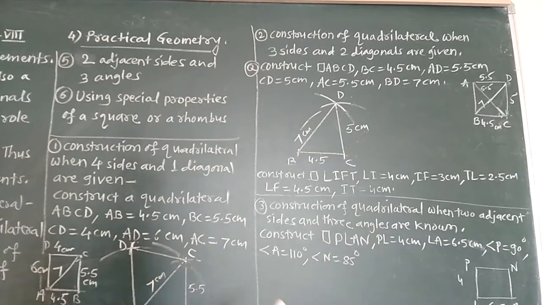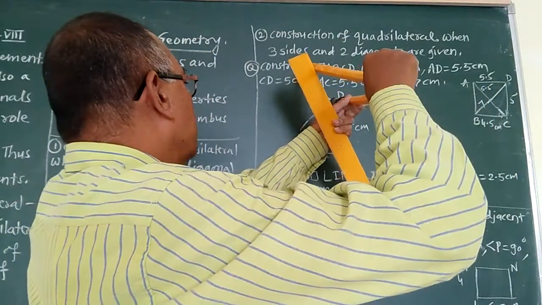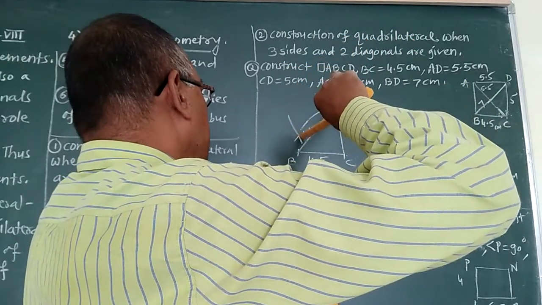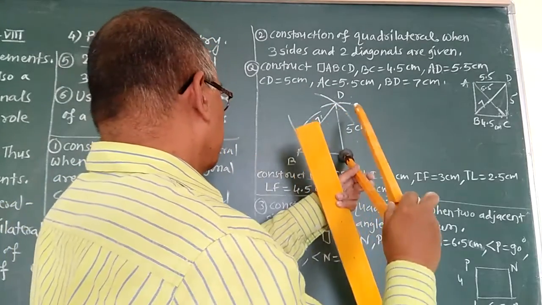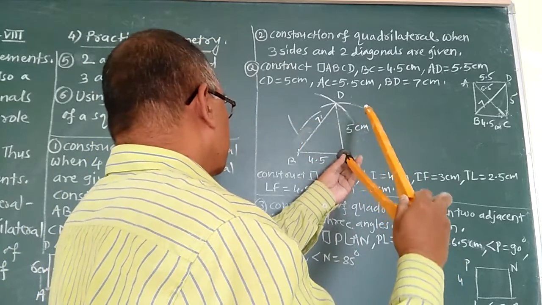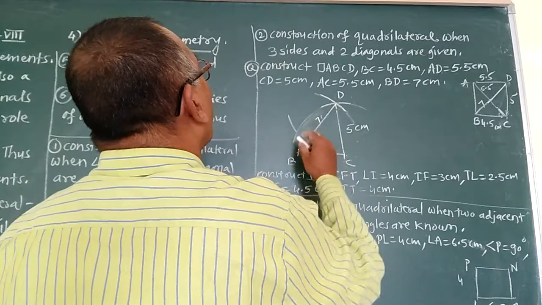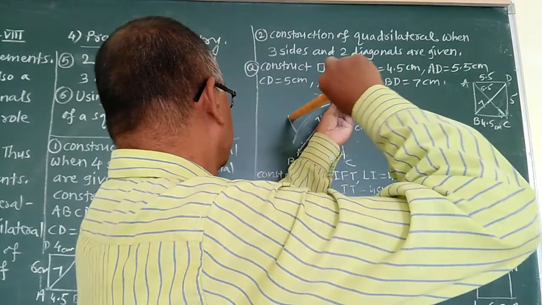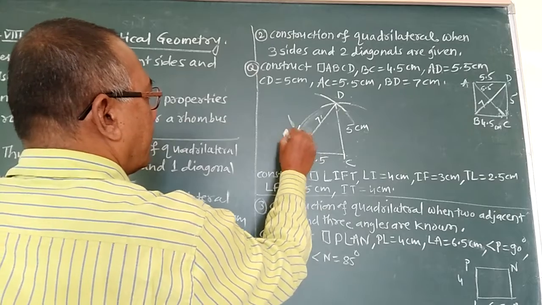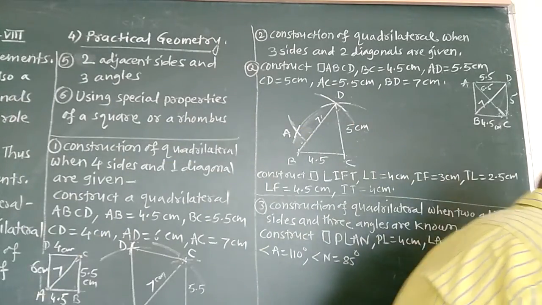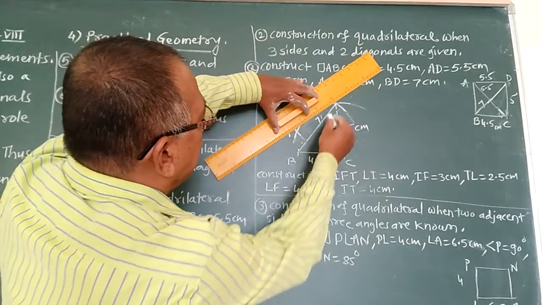And then we have to draw another 5.5, and now this point of intersection is known as A, and now we have to join AD as well as AB.